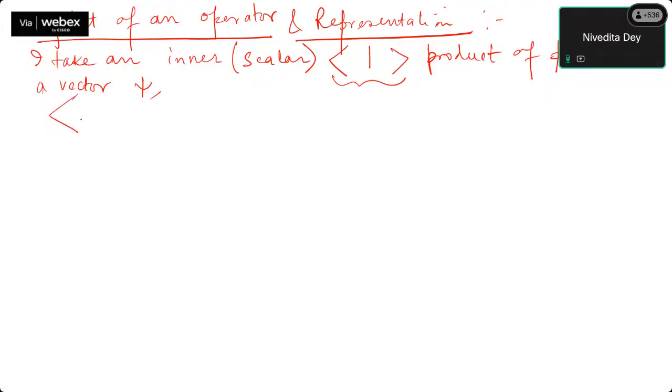That means it is like this: phi, an operator, and the vector. Then this is equal to A dagger, this is the symbol, psi and phi.